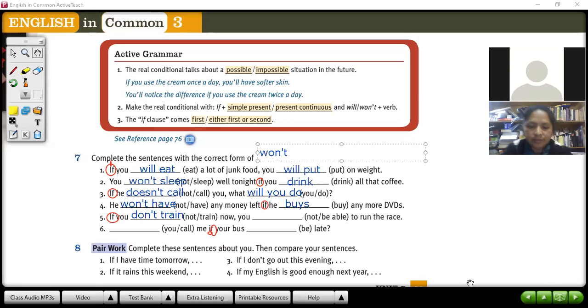Be able is a synonym for can, for the future. Can, okay? Be able or can, you won't be able.